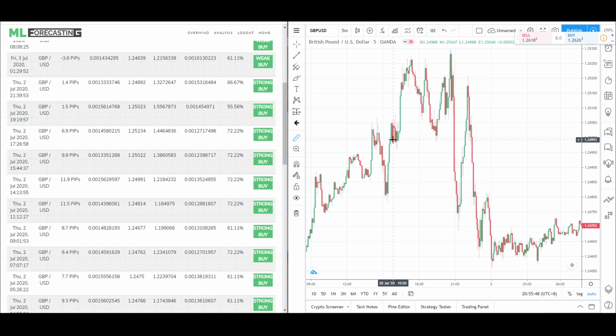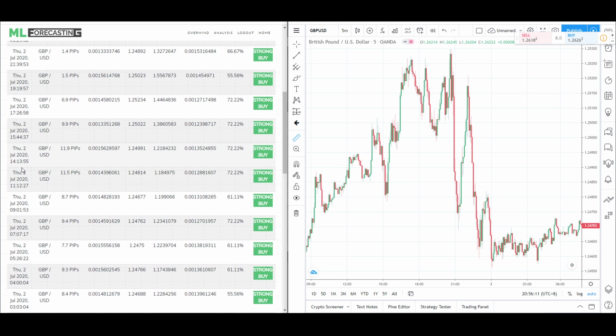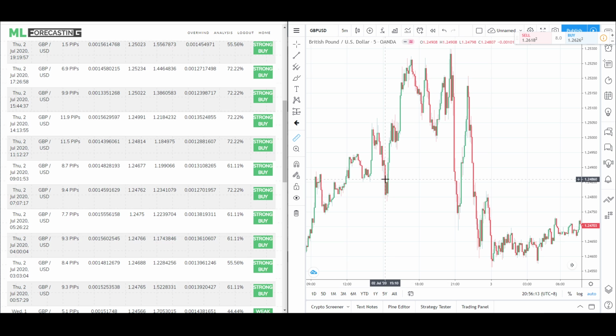Sort of in this range here. 25022. Here, maximum down was about 7 at that point there before shooting up as a winner. 14.13, depending on where that was, that could be good. 14, no, this one's going to be a loser.